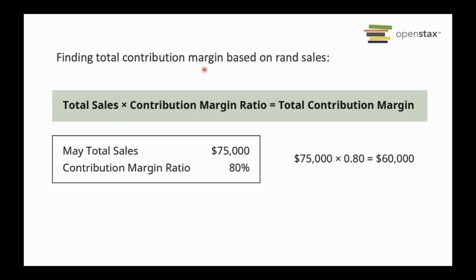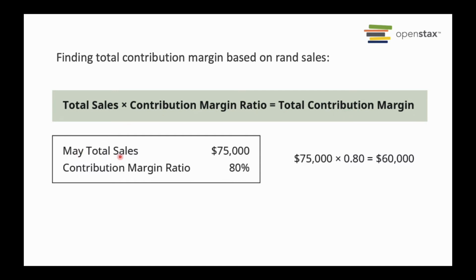Finding total contribution margin based on Rand sales. Total sales times contribution margin ratio is equal to total contribution margin.